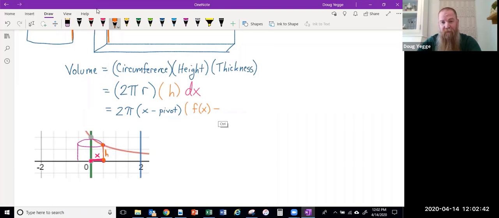I'm going to say it's the function, but in general, I'm going to tell you that it might not always be the function because it's really just the top minus bottom. But in this case right here, it's the function because the bottom is 0. Okay. And lastly, dx.